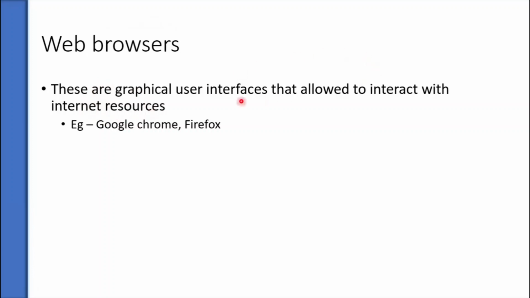In that case, if we require a graphical user interface, then web browsers are the best fit for your requirement. You have to install a web browser to surf the internet, otherwise it's really hard. So simply, this is the easiest way.